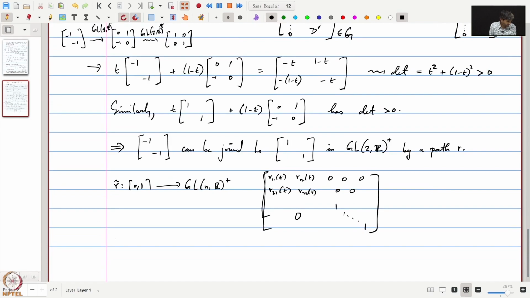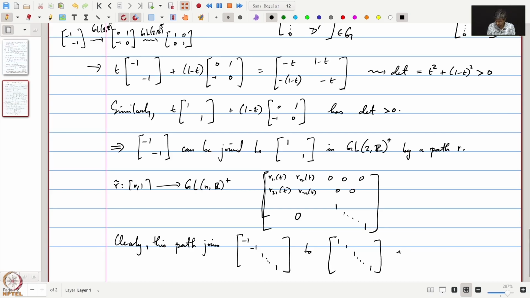So clearly this path joins minus 1, 1, 2, 1, 1 to the identity in GL n R plus.